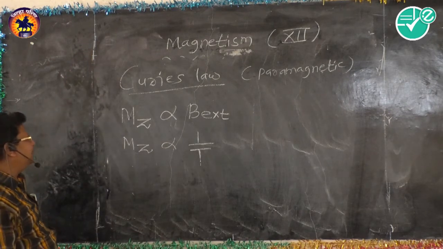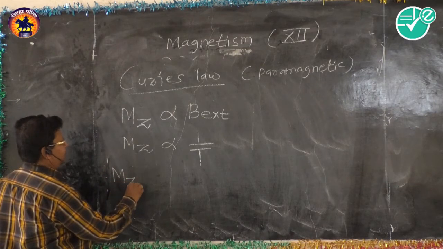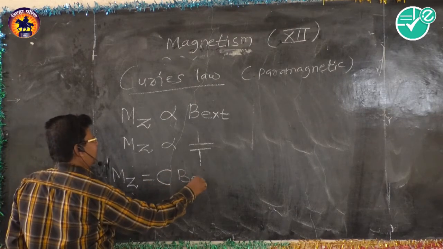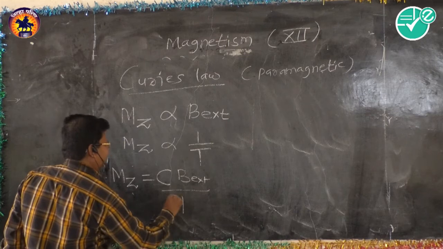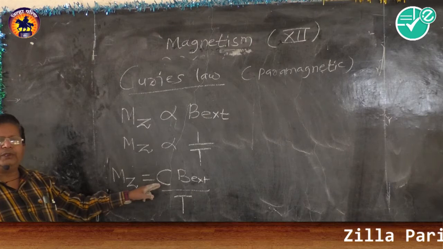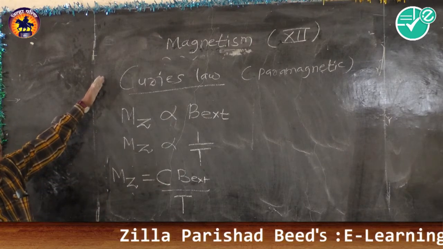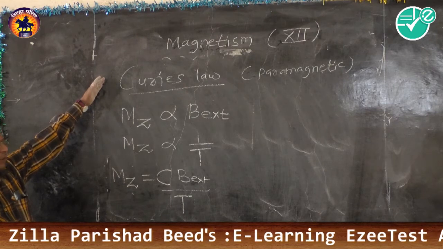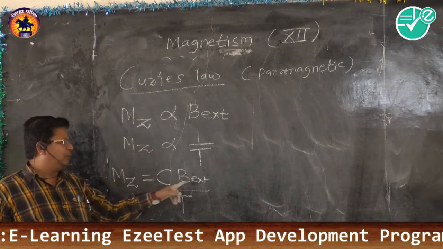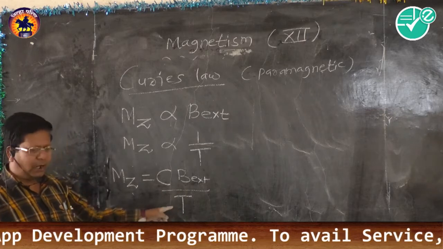If we combine these two relationships, we get Mz is equal to capital C into B external divided by T, where C is the Curie constant. So for paramagnetic material, Curie's law is Mz is equal to C into B external divided by absolute temperature.